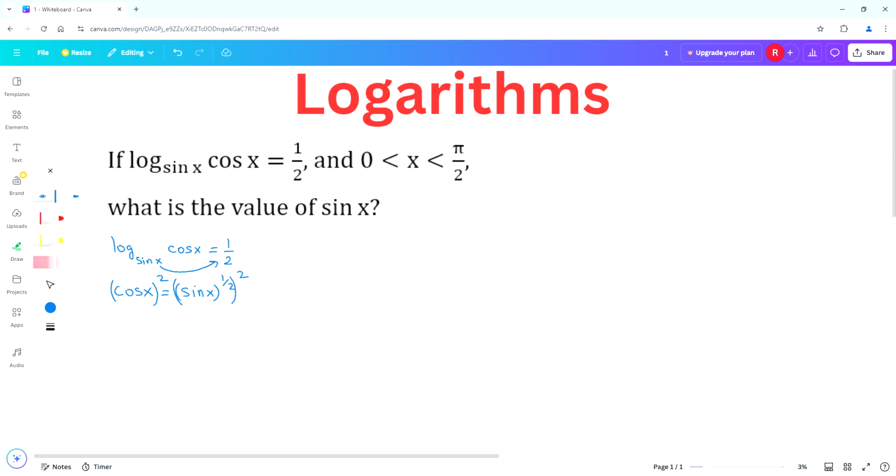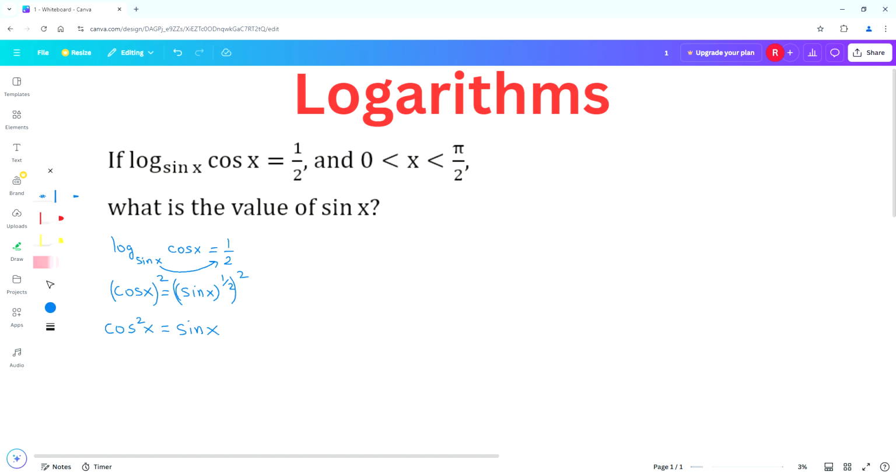On the left side we get cos square x, and on the right side we can use power on power law of exponents. Half times 2 is equal to 1, so we are left with just sin x on the right side of the equation.